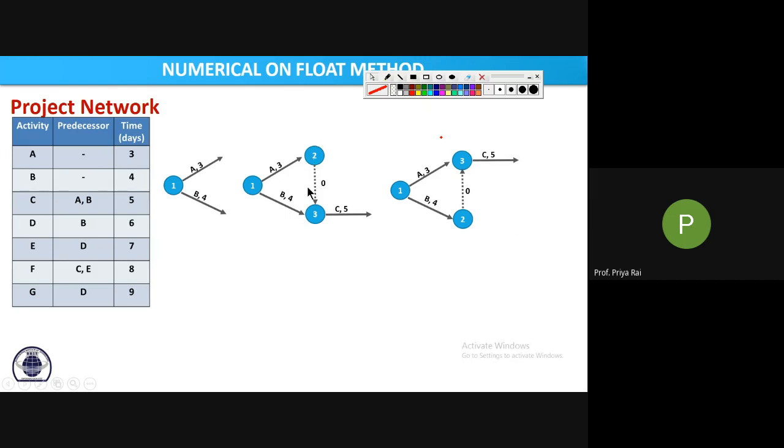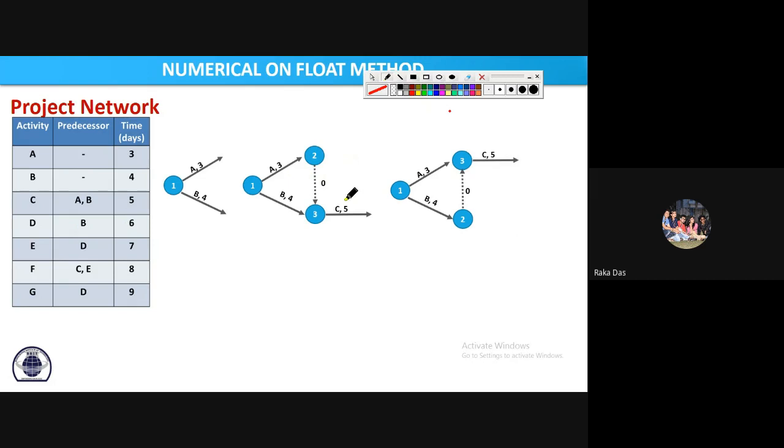Now tell me, in this case, from which event will your D start? Event number 2. That cannot be right in this case, because D's predecessor would be A, but here D's predecessor is B, so this is not correct.